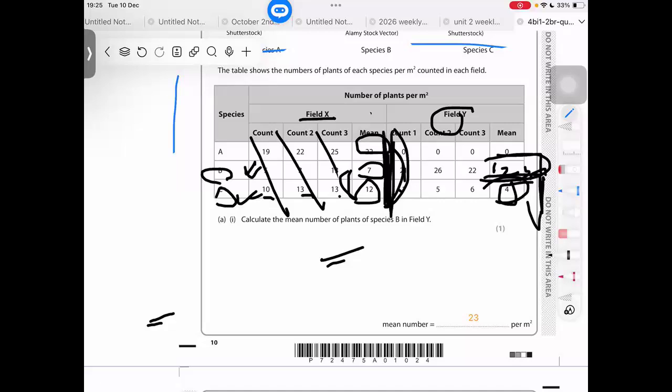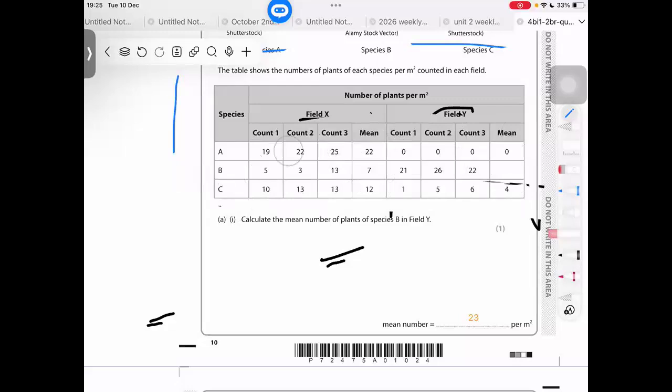And over here you can see there is even distribution in field X. Or else you can compare the values like this as well. This is 12 and this is 4.